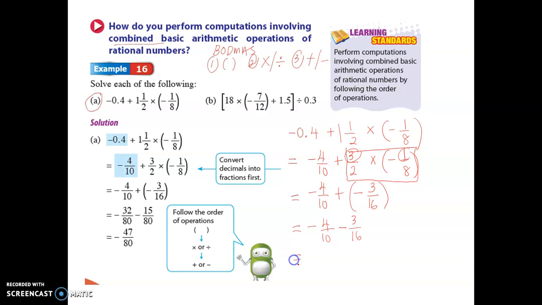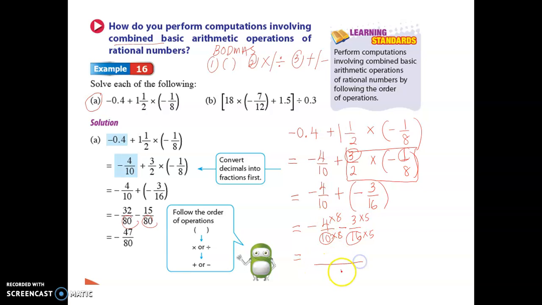Then you have subtraction here. When you want to subtract fractions, the denominator must be the same value. So you have to convert to the same value. You can see here 80. This one you times with 5, times with 5, and this one times with 8, times with 8.